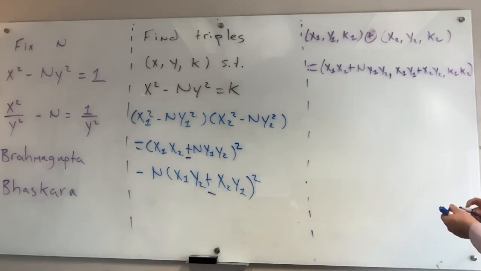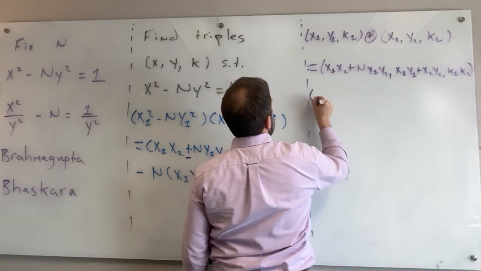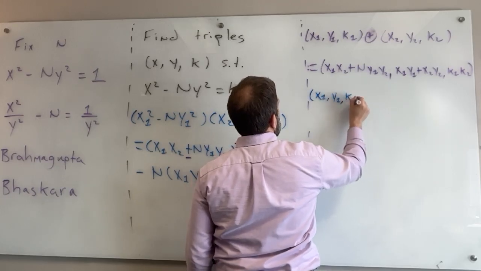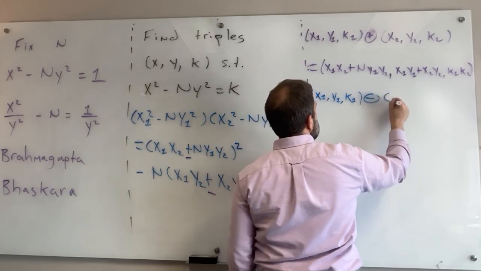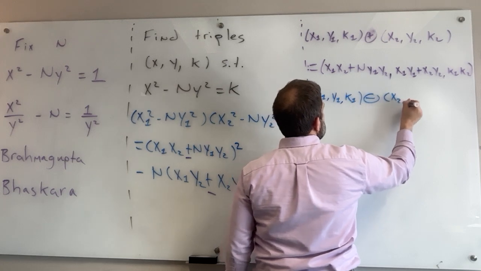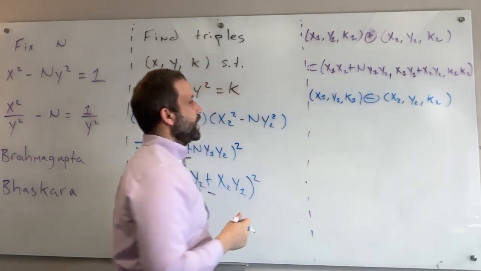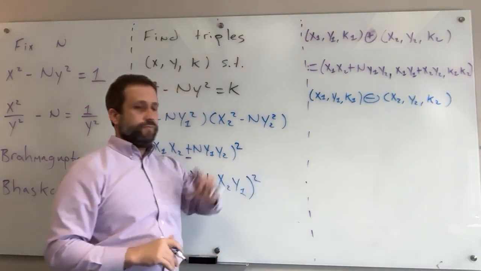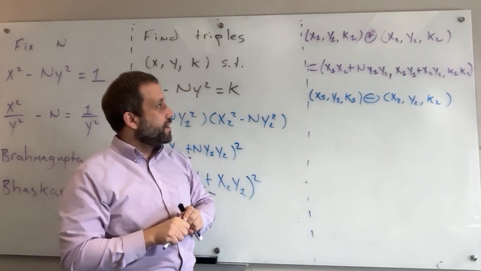And then there's going to be a minus version where we put minuses there and there. So the minus version is x1, y1, k1 with circle minus x2, y2, k2. I've not seen this notation that I'm using here before, with the circle plus and circle minus. I mean, I've seen circle plus. I don't know if I've seen circle minus, but I've seen those symbols, but I've not seen them used in this manner.